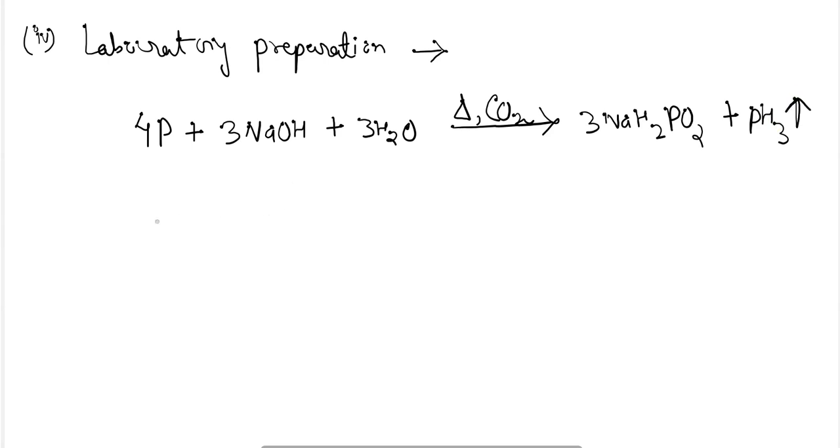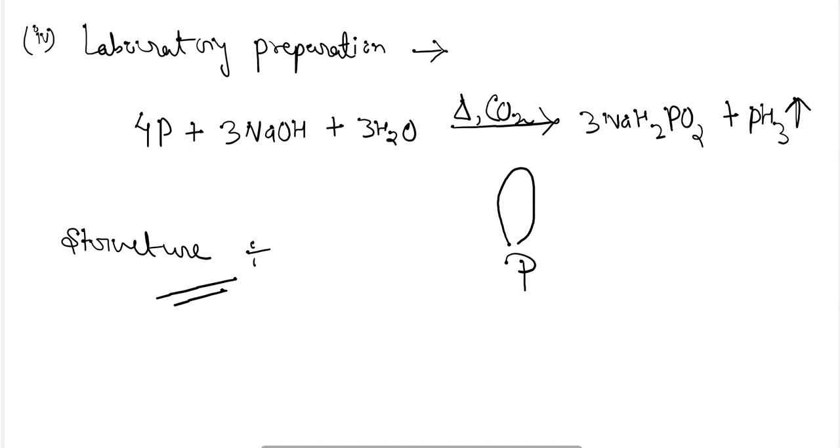What is the structure of phosphine? The structure of phosphine is pyramidal. It has one lone pair on phosphorus and three hydrogens, with a bond angle of 93.6 degrees between them and a bond length of 142 picometer.